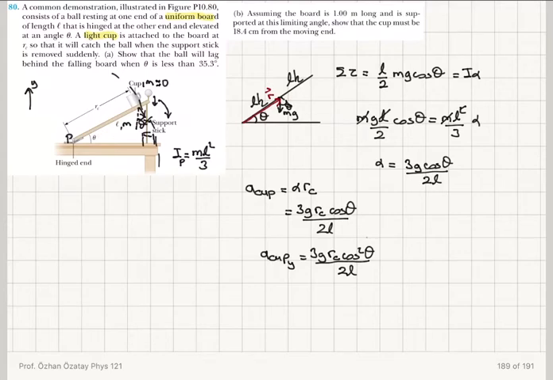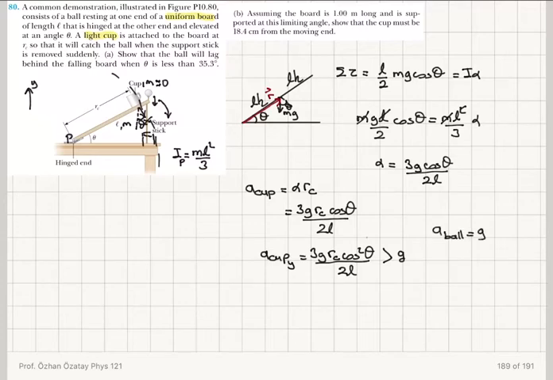And when this acceleration is exactly equal to g, then that means they are falling down with the same acceleration, so nobody will lag behind. But if you want the ball to lag behind, I want this acceleration to be greater than g, right?